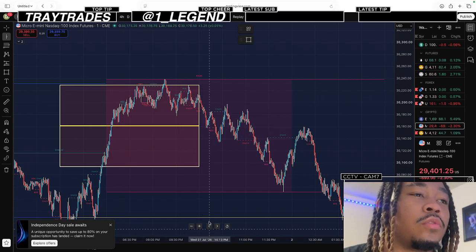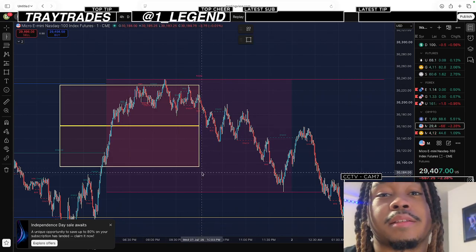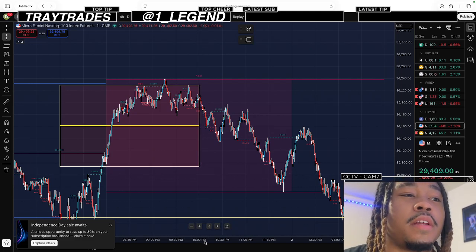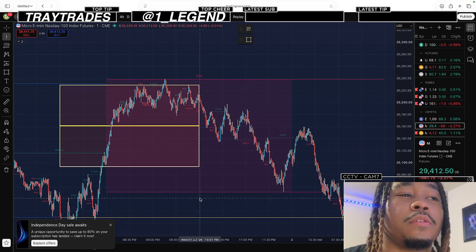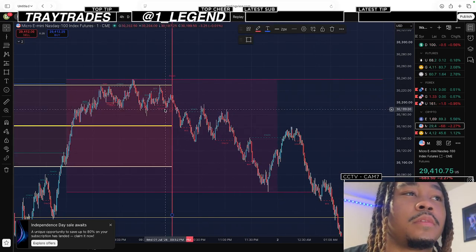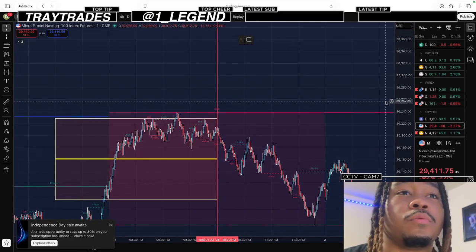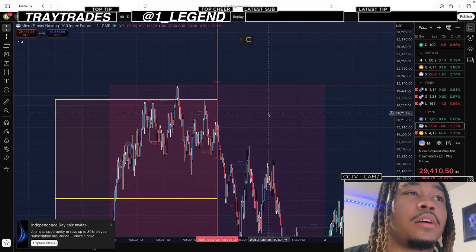If you don't know how to look at the time on the chart, I'll show you. It's down here. You just move your cursor back and forth, put the vertical line on 10 p.m. and we can zoom in and see.